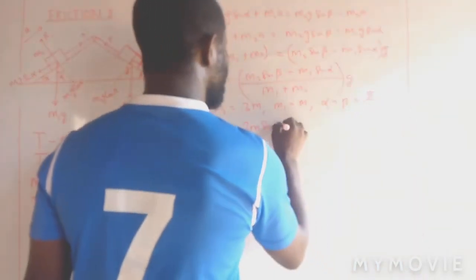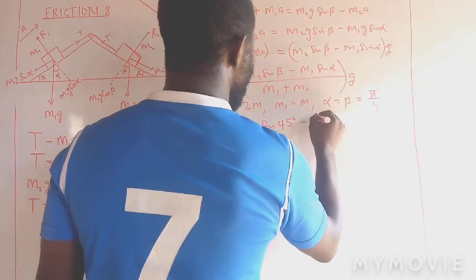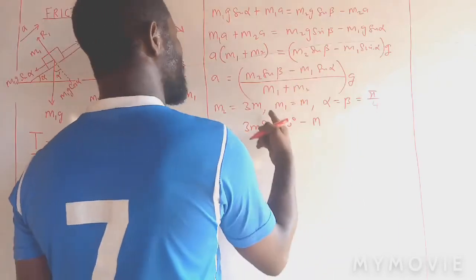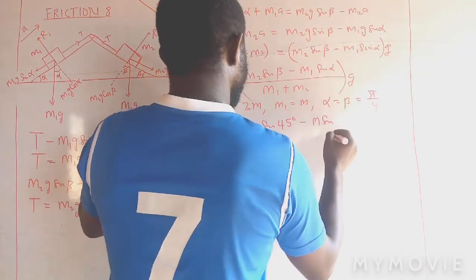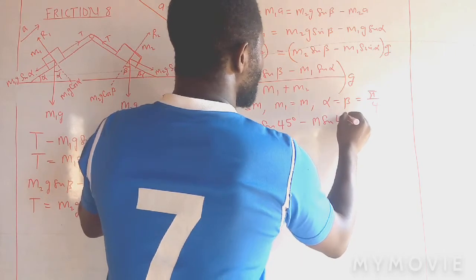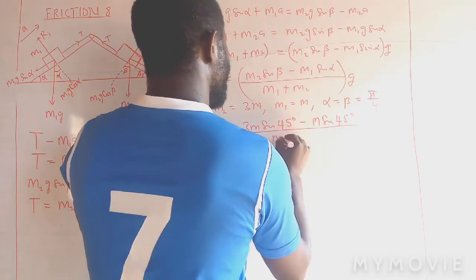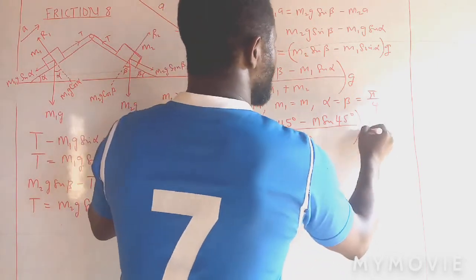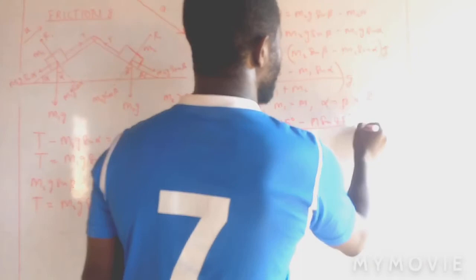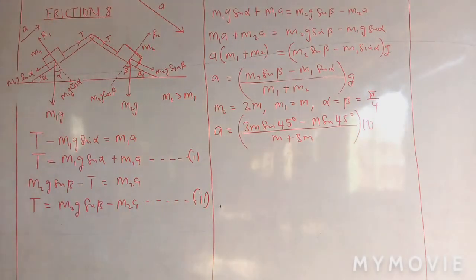So I have sine 45 degrees minus m, since m1 is equal to m according to my question, m sine 45 degrees again, all divided by m plus 3m into bracket g. Let my g be 10 meters per second square.